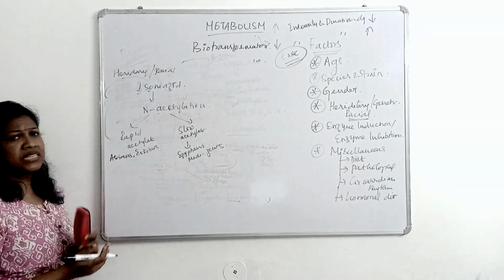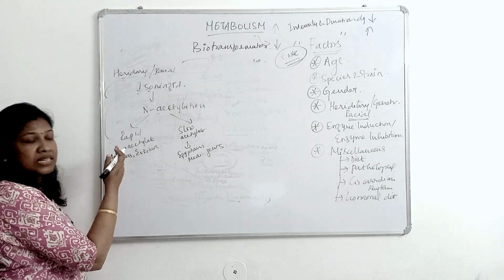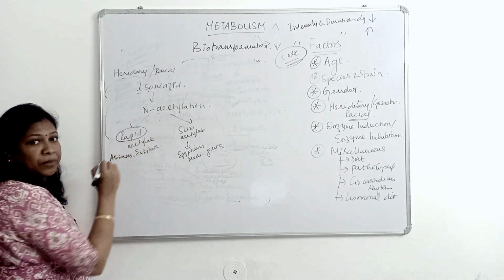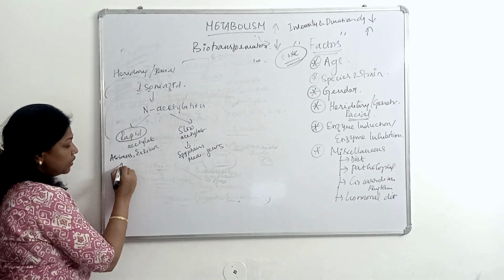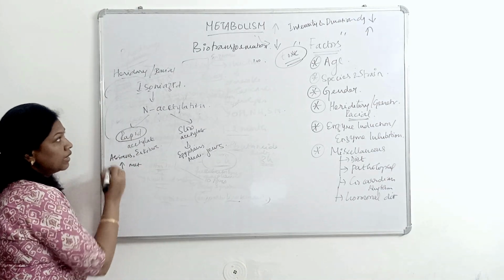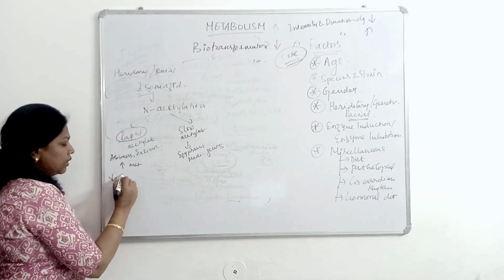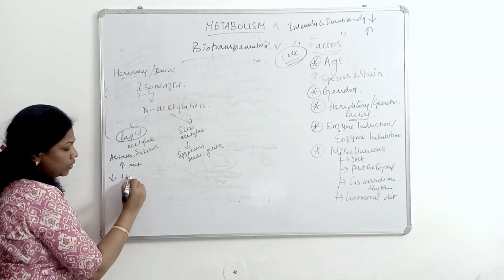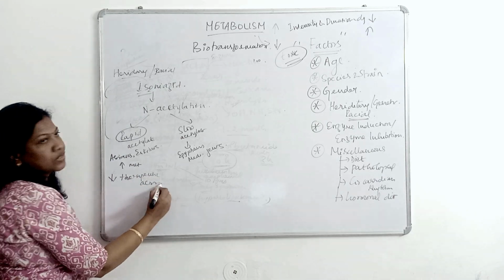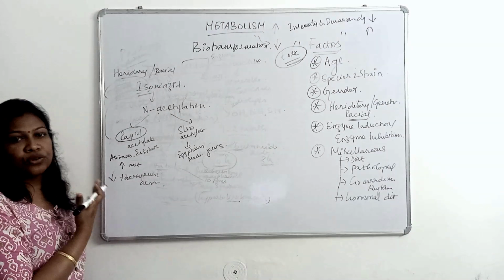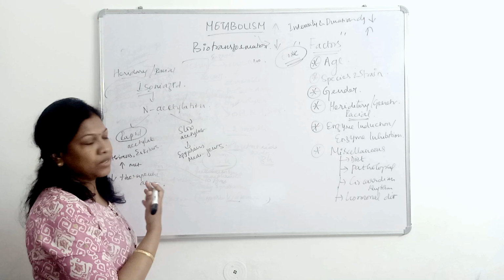Now, what is the problem with rapid or slow acetylation? Asians and Eskimos are mainly rapid acetylators. As they are rapid acetylators, their metabolism will be very fast and the therapeutic activity will be less. The therapeutic action of isoniazid will be less for those races belonging to Asia and the Eskimos.